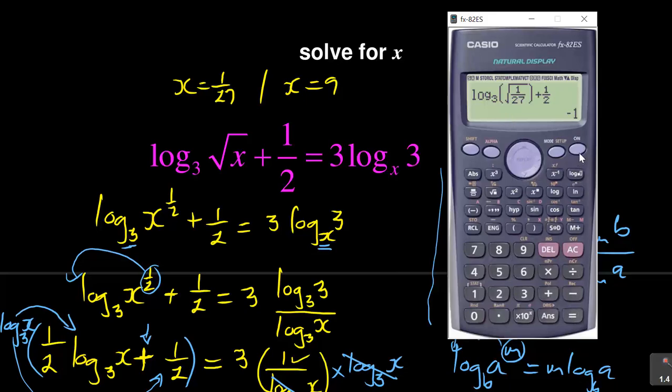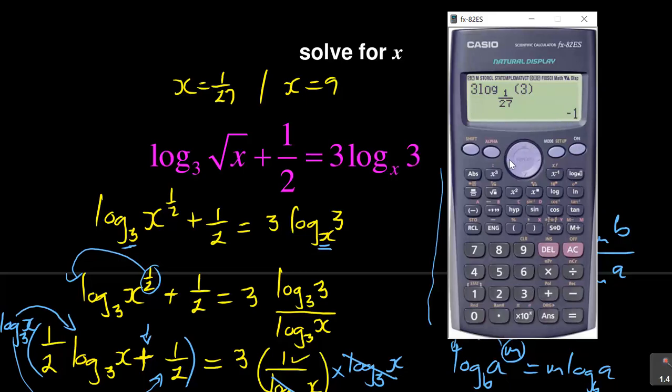So let me test the other side. I've got 3 log of x, which is 1/27, and I also get -1. You see that? It balances.